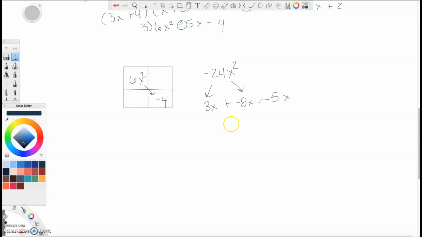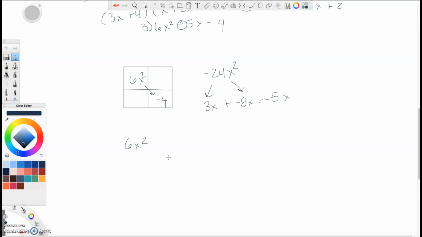Now, the next step. And remember, guys, this tip here about choosing which number needs to be negative: if there's a negative in front of the second term in your quadratic, you know the bigger number has to be negative. So let's rewrite this as 6x squared. Now, are we going to put the 3 here, or are we going to put the 8?